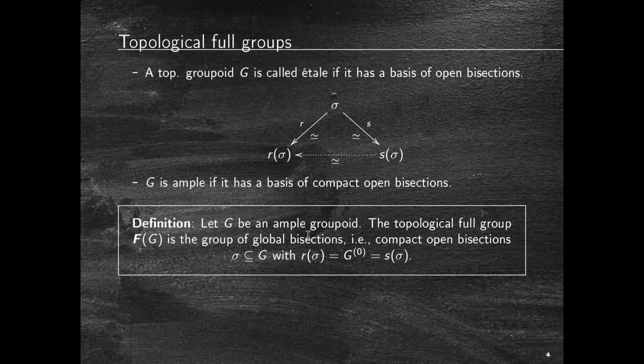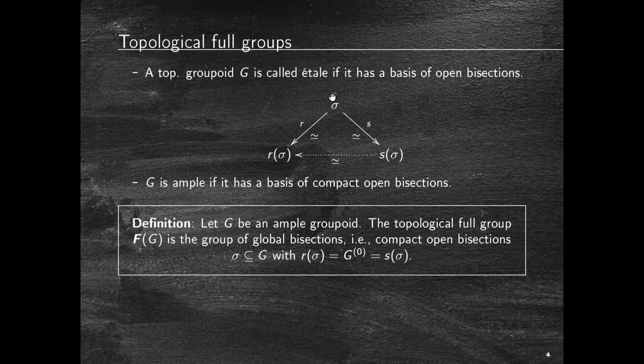You look at these global bisections, and there's a way to multiply two such global bisections because you use the multiplication in the groupoid. So these are subspaces of the groupoid, and you just pointwise form the product, and you check that this gives you another global bisection. So in this way, this becomes a group, and that's what we call the topological full group.